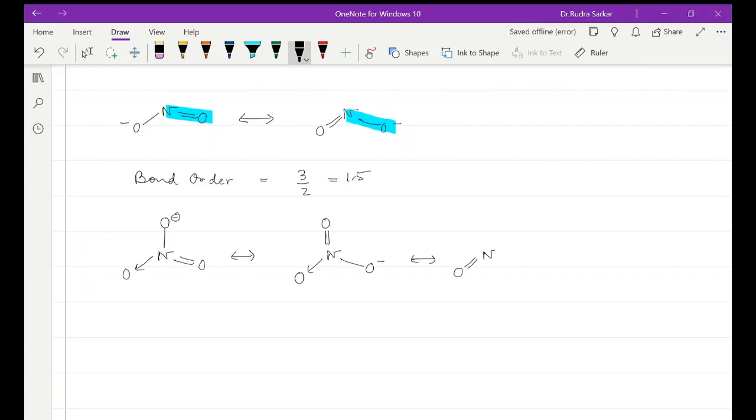Now here we have an N double bond O, and so in total we are seeing that there are, sorry, not 4 resonating structures, 3 resonating structures.